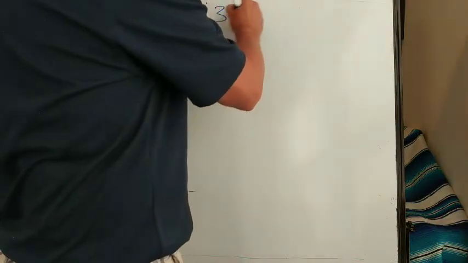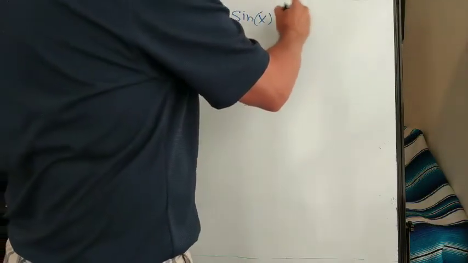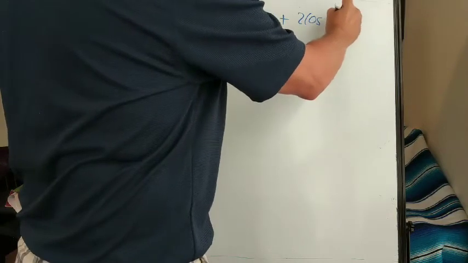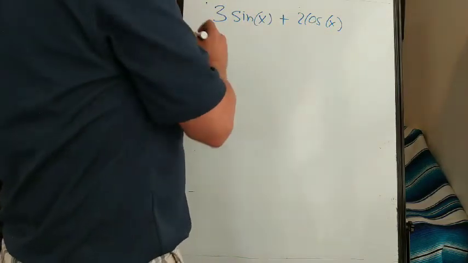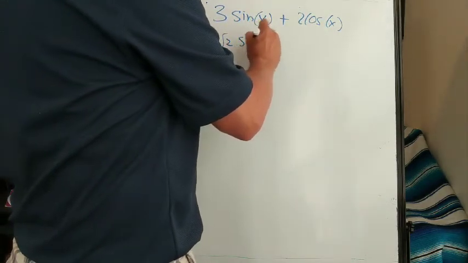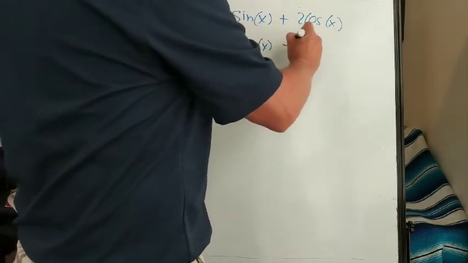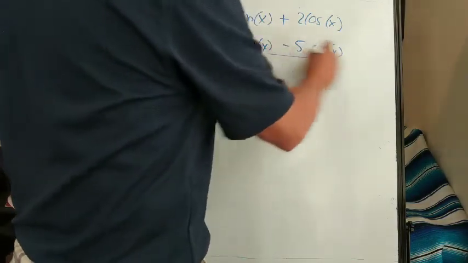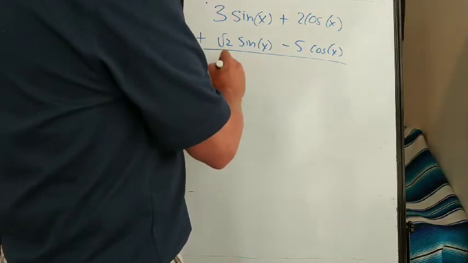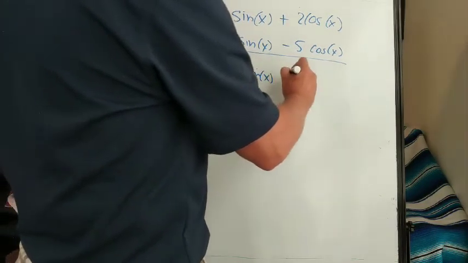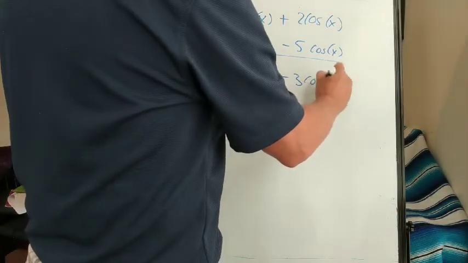So suppose we have 3 sine x plus 2 cosine x, and want to add to that square root of 2 sine x minus 5 cosine x. So that's (3 plus root 2) sine of x minus 3 cosine of x.